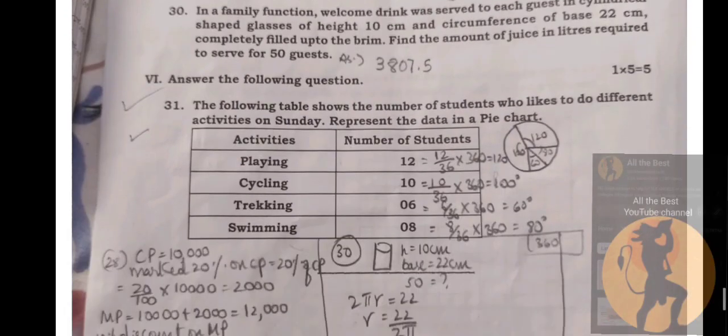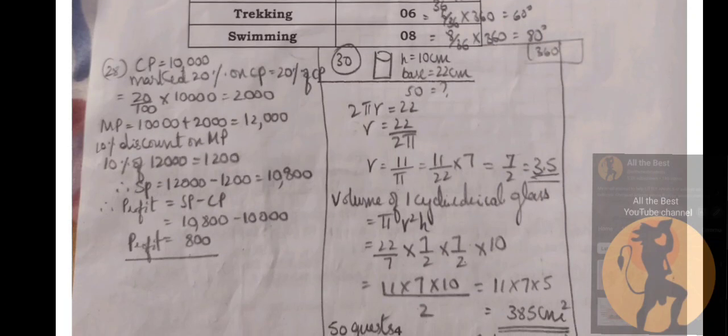So 28th, a person bought a TV for 10,000 and marks it 20% more on the price. If he sells it at a discount of 10%, then how much profit does he get? So here, cost price is equal to 10,000.